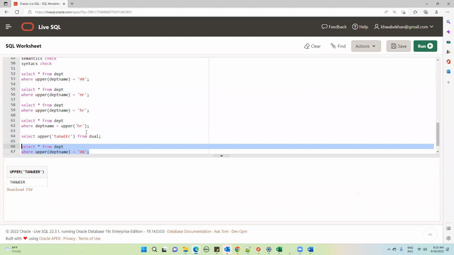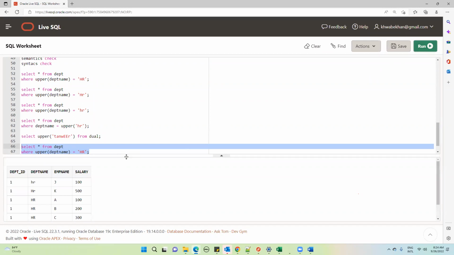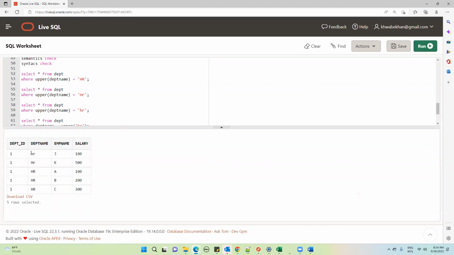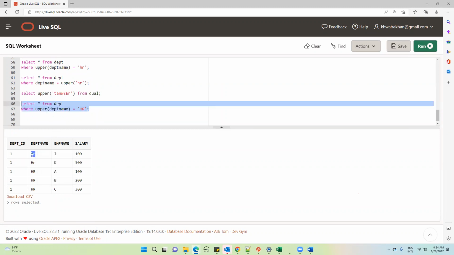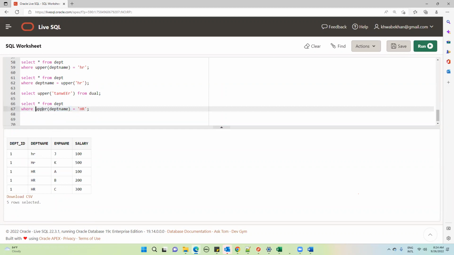At the final end, it will show all as upper, right? No, the display will not be all upper. You see, I'm running it. Display is not all upper. If you have mixed case, it will display in mixed case only. If it is lowercase, it will display in lowercase only. This is just for the matching, to filter.